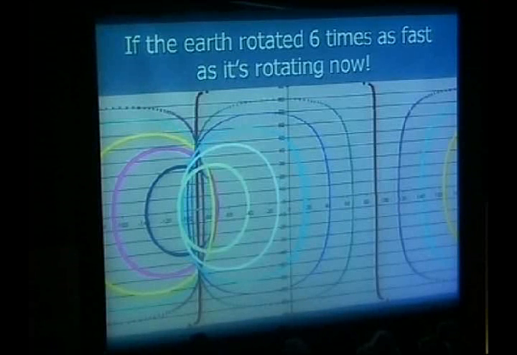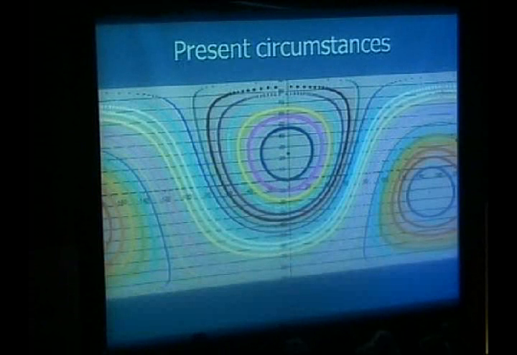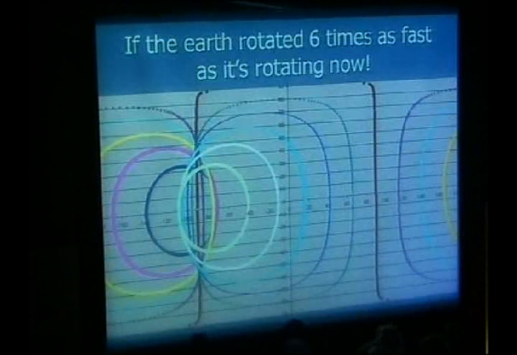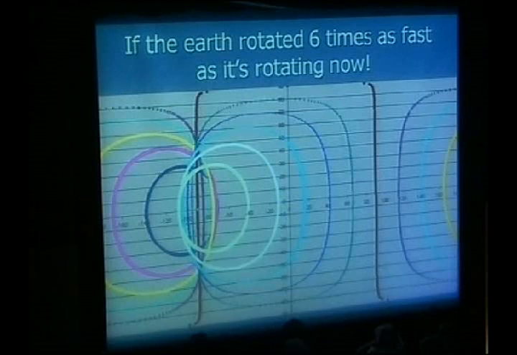The previous slide was for natural circumstances. The Earth rotates as it is rotating now. But if the Earth rotated 6 times as fast as it's rotating now, we do not need 6 times. We just need 2 times as fast for the ambiguity to be introduced. But in these curves, I've considered 6 times as fast because I wanted to show you just the results.